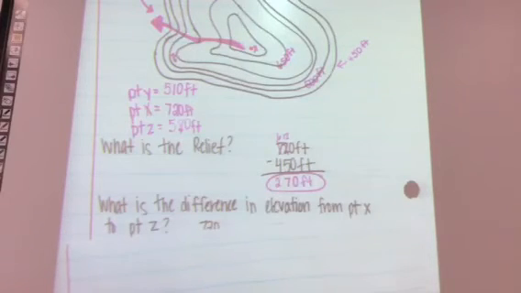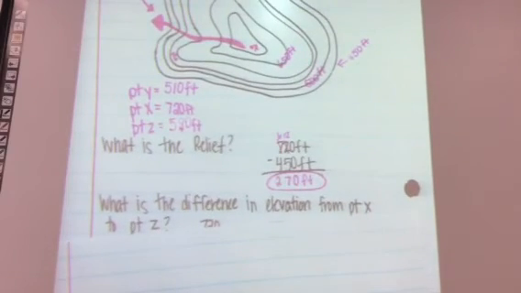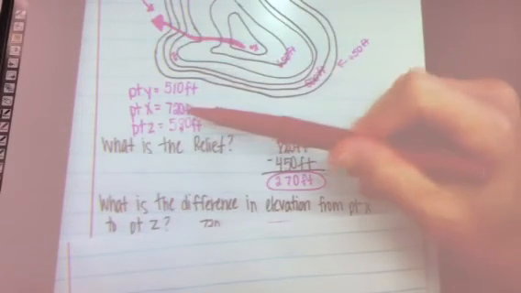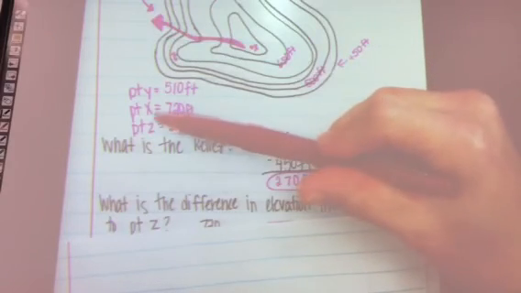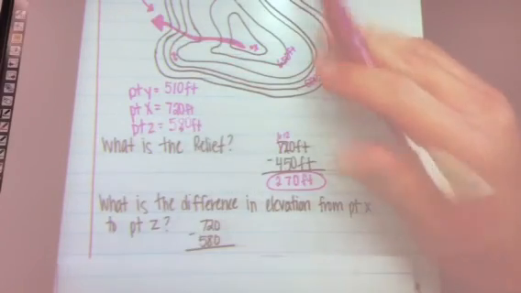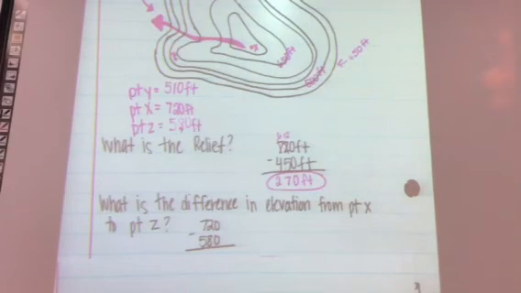Next question says, what is the difference in elevation from point X to point Z? Well, on that right there, all you would do is subtract point X minus point Z. 720 minus 580.